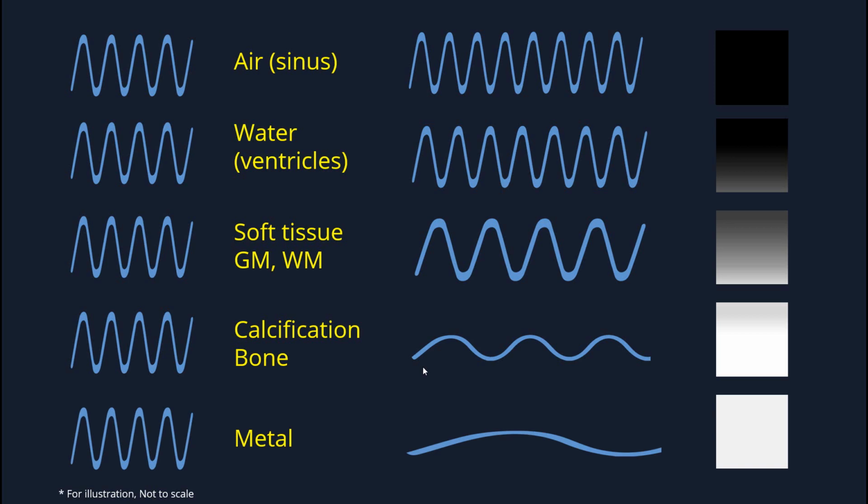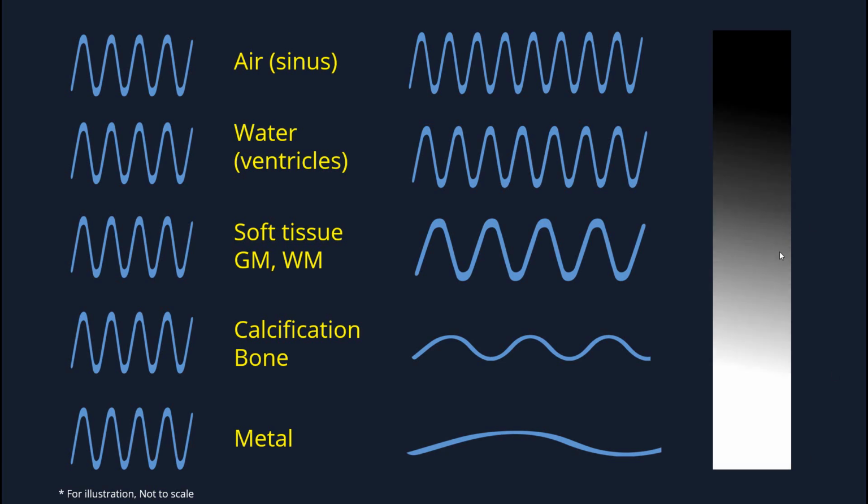And radiopaque foreign bodies like metal significantly attenuate the waveform, and that translates as a very bright object. Now these are not individual colors, this is a spectrum of colors depending on the density. Even slight alterations in the density of a structure, whether from normal appearance or from pathology, result in a change in the way it displays.